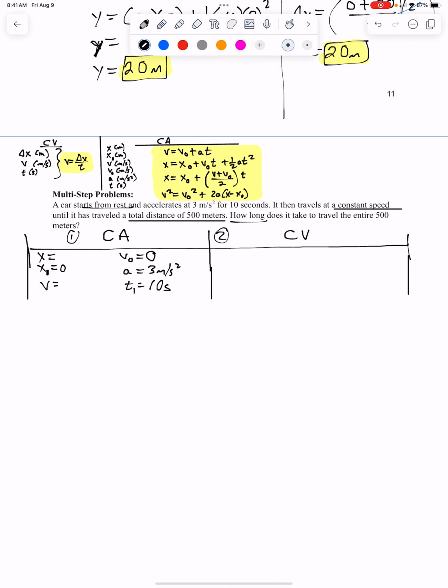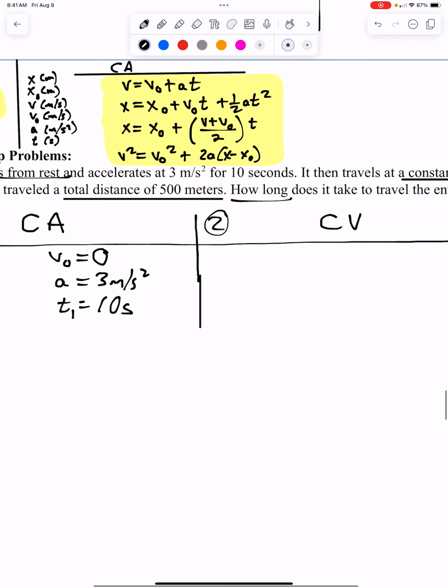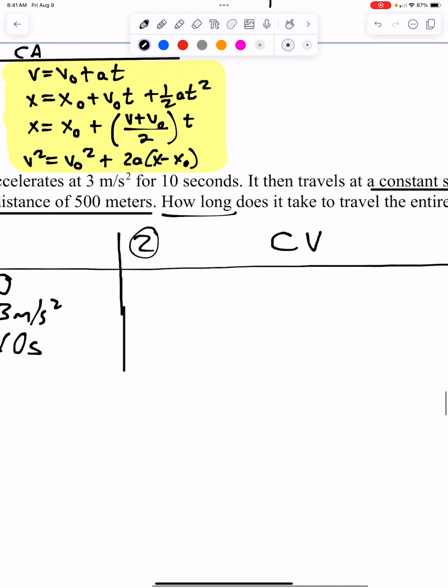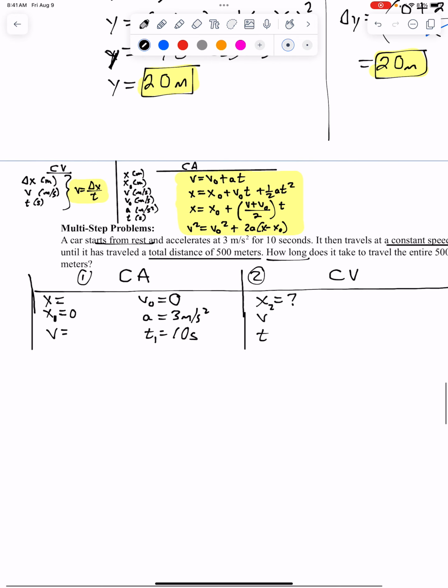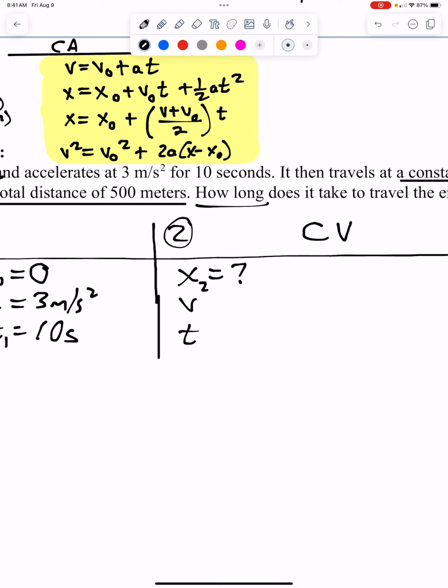How long does it take to travel the entire 500 meters? So one of the things we're going to need to do, let's list the variables for constant velocity. We're going to have X, V, and T. It's only 3 variables. We don't know how far this is, but I will tell you, once you figure out X1, how far you accelerate, you know that the remainder of the 500 must be X2.